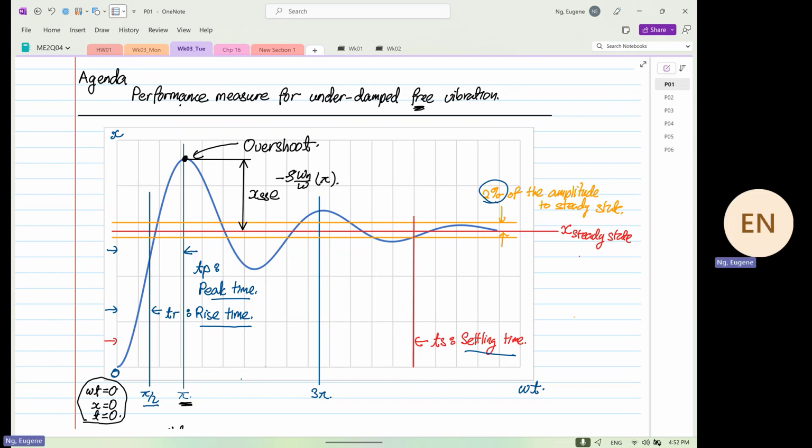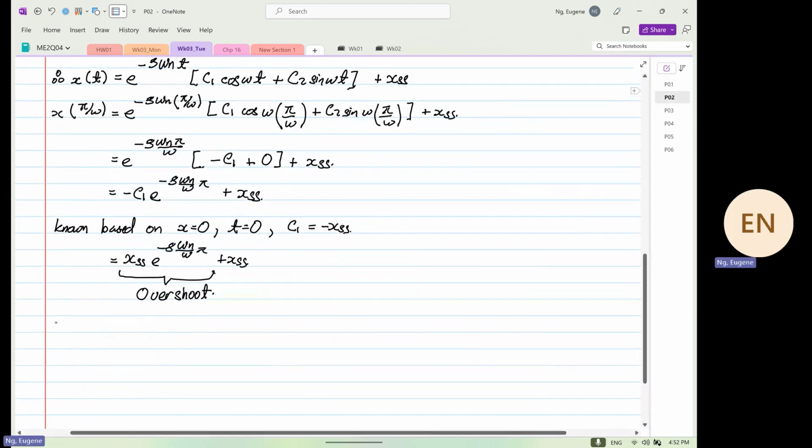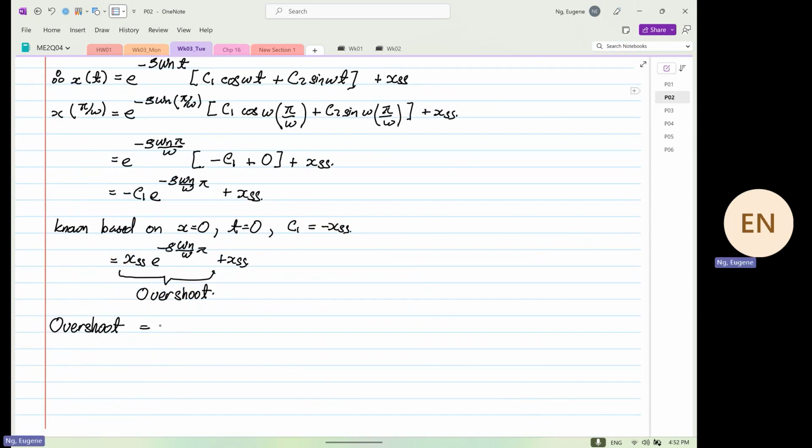I'll let you guys write this out first. So we also know our overshoot is equal to XSS exponential of minus zeta omega n over omega multiplied by pi. Just the overshoot function, whereas the equation above is x at pi over omega. Just the overshoot portion, it is E minus zeta omega n over omega times pi.